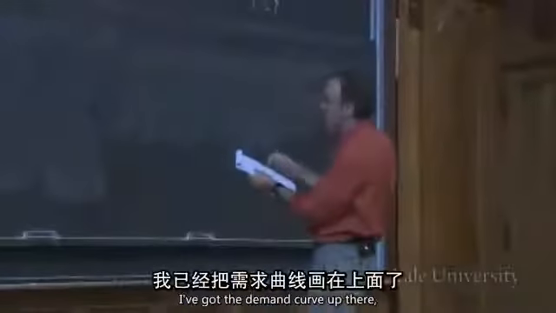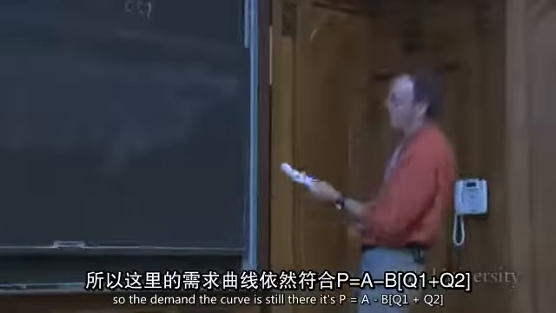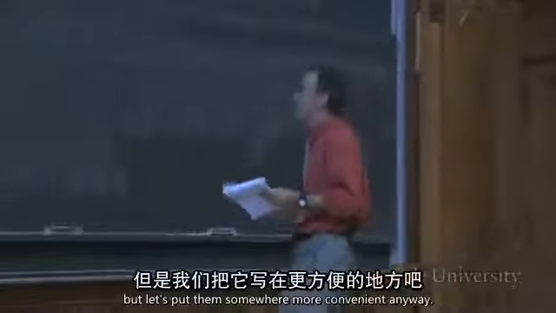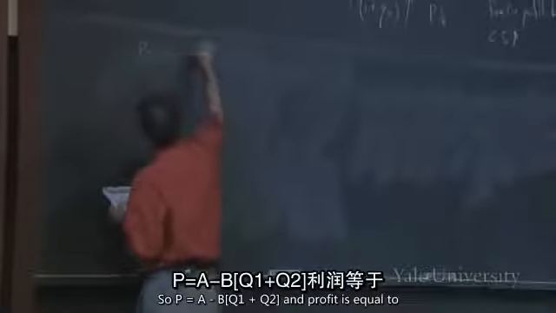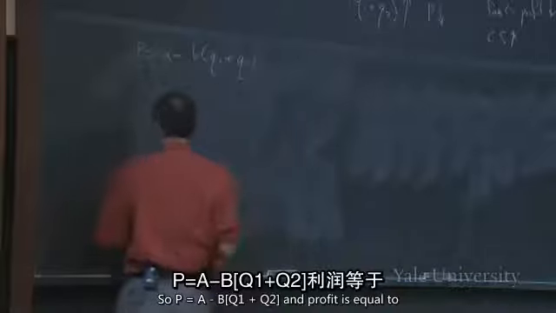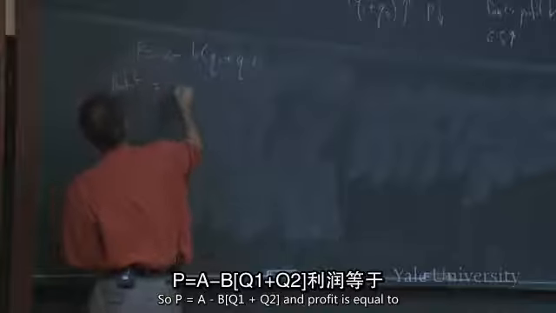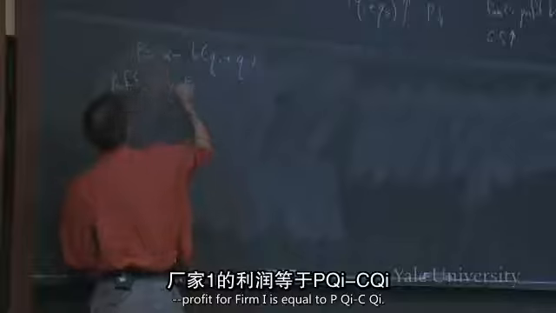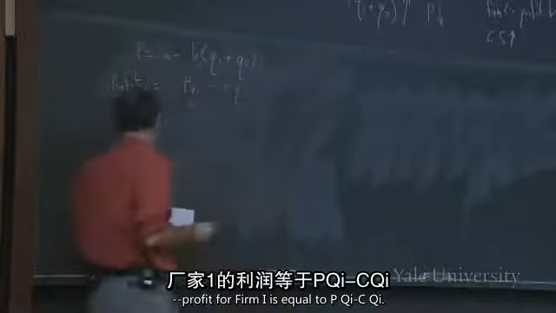All right, I've got the demand curve up there. The demand curve is P equals A minus B times Q1 plus Q2, and I've got profits written up there, but let's put them somewhere more convenient. So P equals A minus B (Q1 plus Q2), and profit for firm i is equal to P Qi minus C Qi.